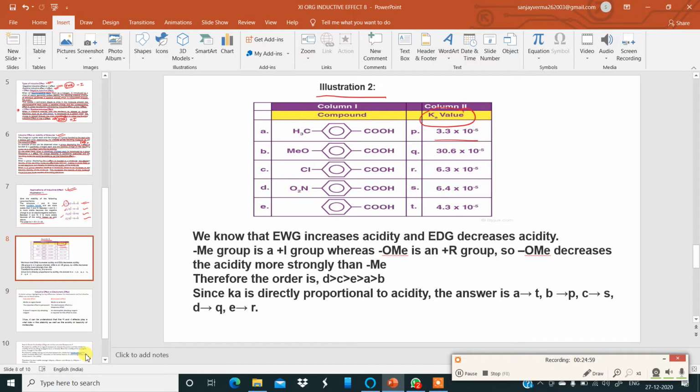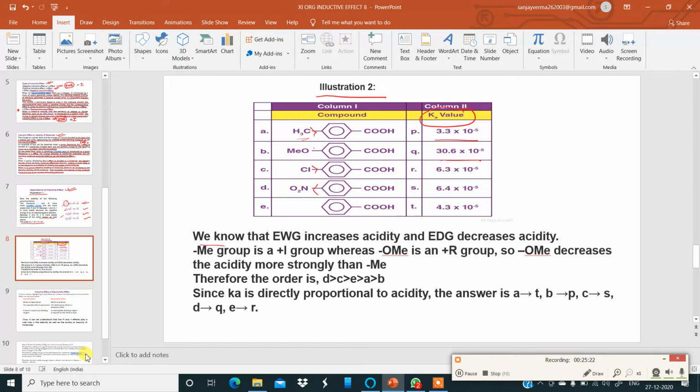When you come down, it is increasing here. Increasing or decreasing? CH3 is an electron donating group. This is also an electron donating group, and this is a withdrawing group. There is no group over here, and this has 4.3 times 10 power of minus 5.